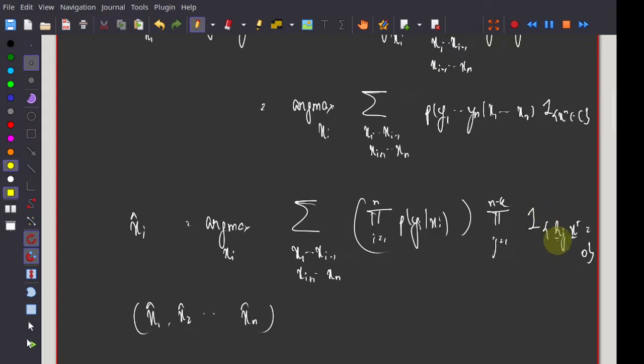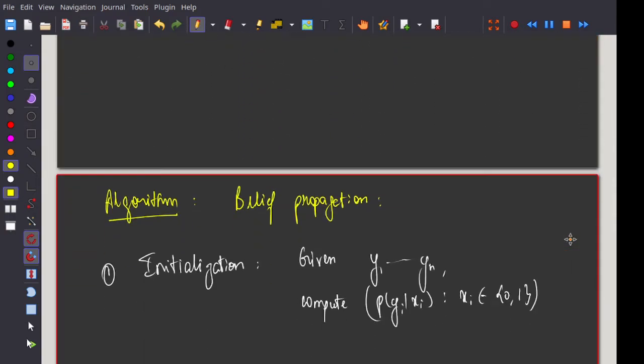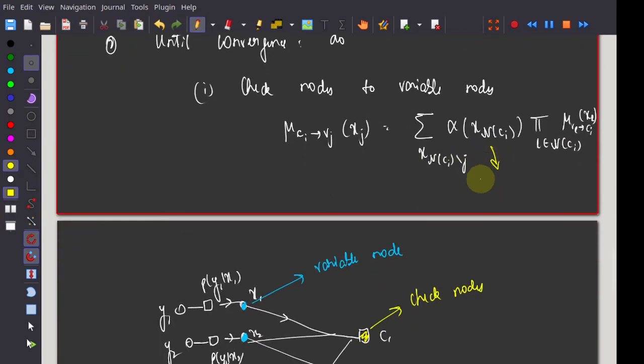It's this one, the jth parity check. So it's the indicator that the summation of xl over l in the neighborhood of i is equal to 0. And remember, this is performed modulo 2.